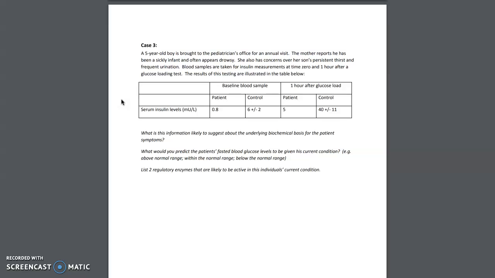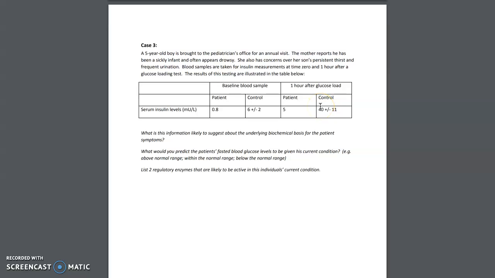The baseline for the patient's insulin level was around 0.8, which is quite low, as a controlled patient should be around 6. After 1 hour, the insulin levels were still very low at around 5, when a controlled patient was around 40.